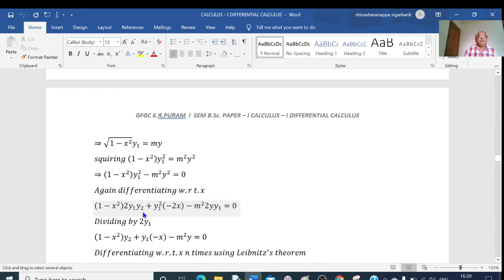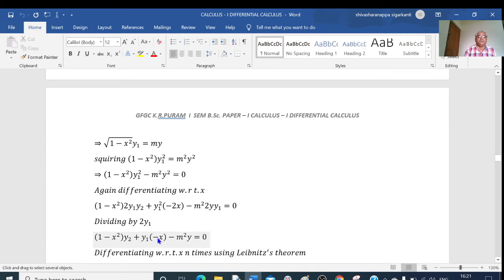Now dividing this equation throughout by 2y1, we get this 2y1 gets cancelled. First term is 1 minus x square into y2 plus, here 2 gets cancelled, 1y1 gets cancelled. What remains is minus x into y1.